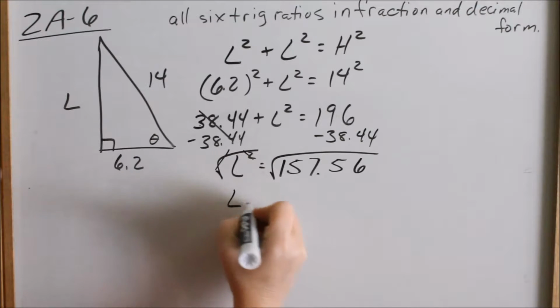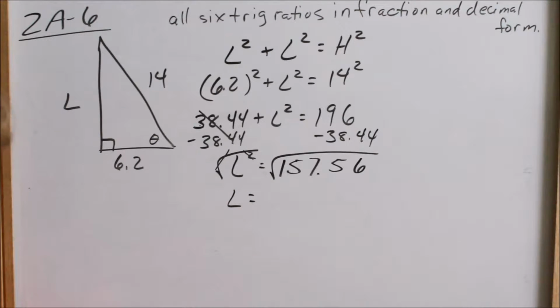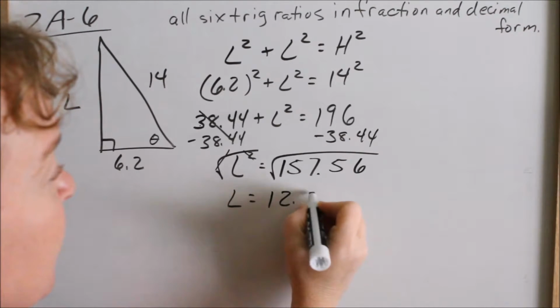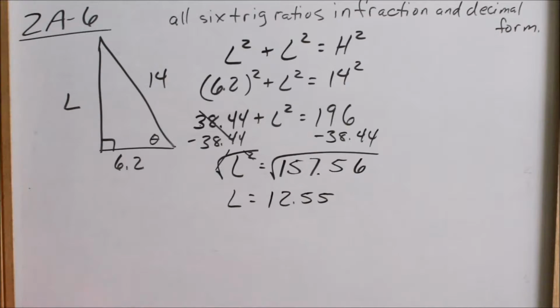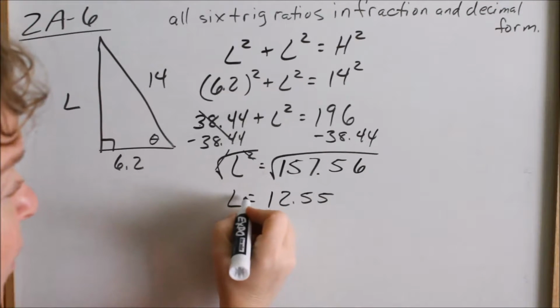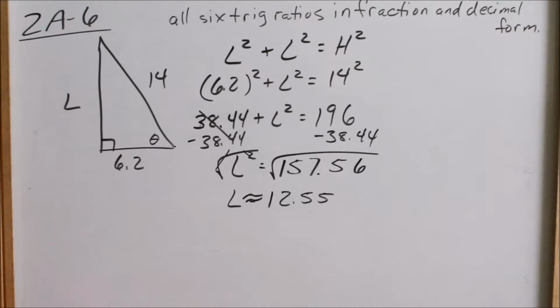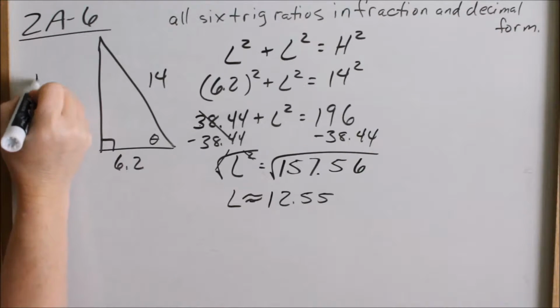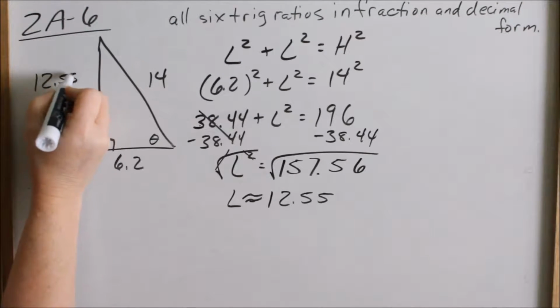Square root is the opposite of squaring. And then we're going to put all radicals into decimals to 2 decimal places. So this is about 12.55. In the book, you might see the symbol of 2 squigglies. That means approximately. So this leg is approximately 12.55.